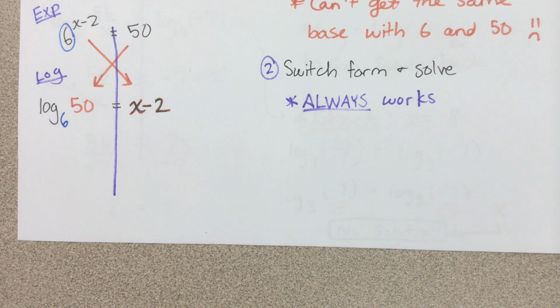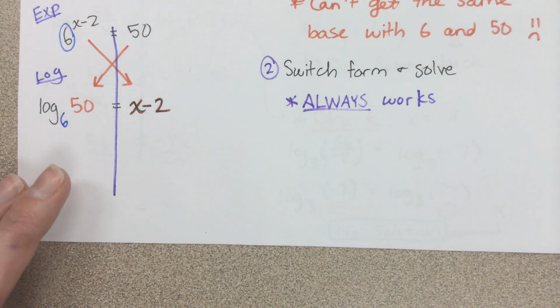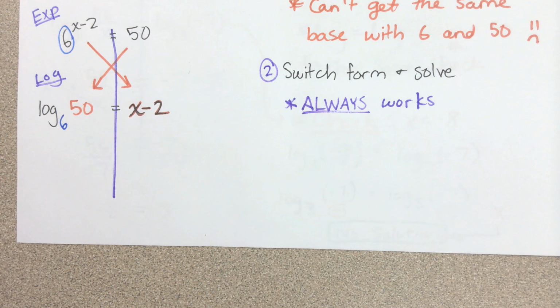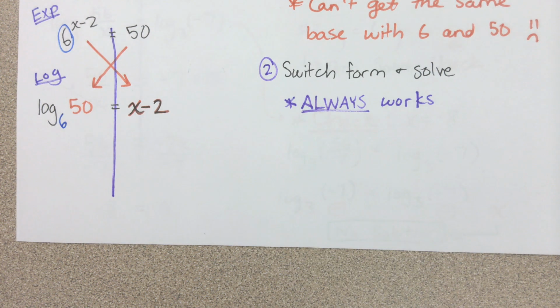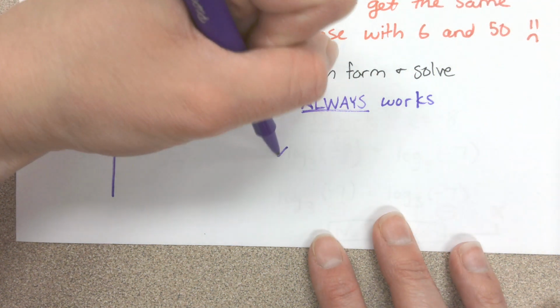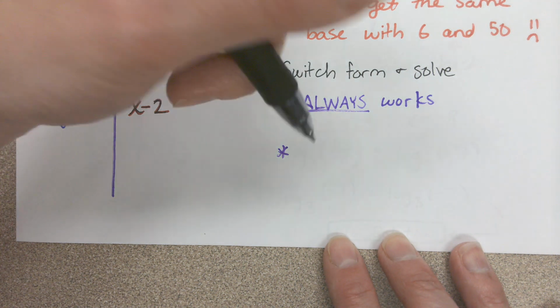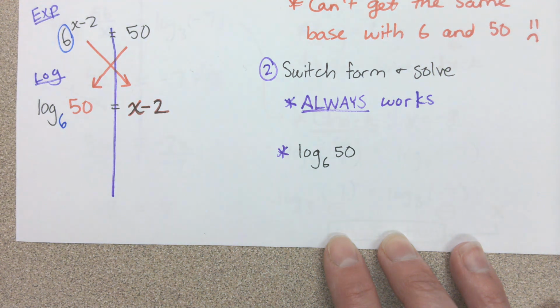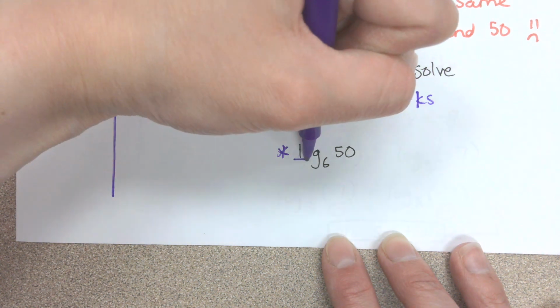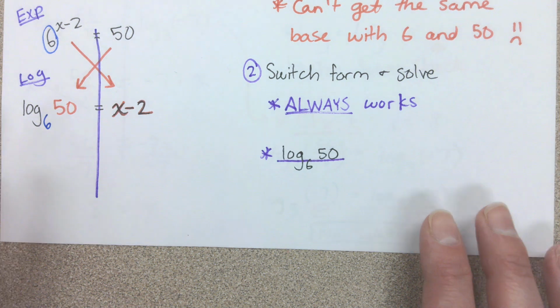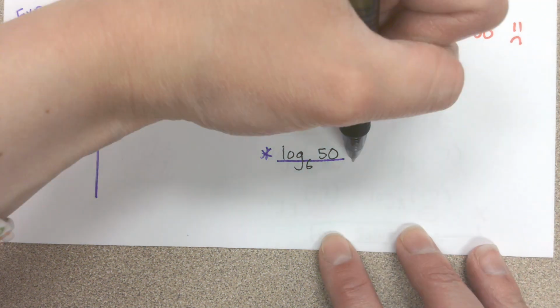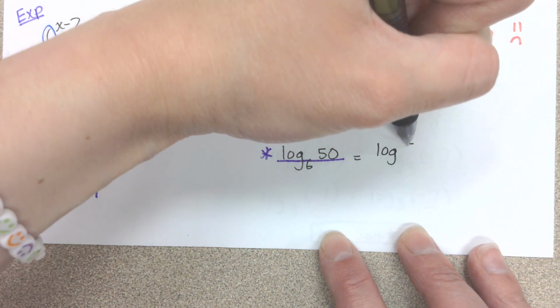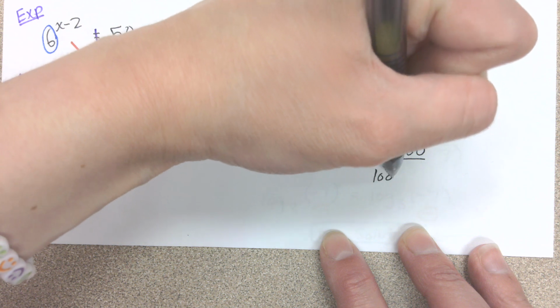Log base 6 of 50, we just learned how to do this the other day. We know how to turn that into a number that we can work with. And I'll write the work for it over here for anyone who needs to see that. So we have log base 6 of 50. Remember, we can draw the line to see how the numbers should shake out. So that means we have log of 50 divided by log of 6.